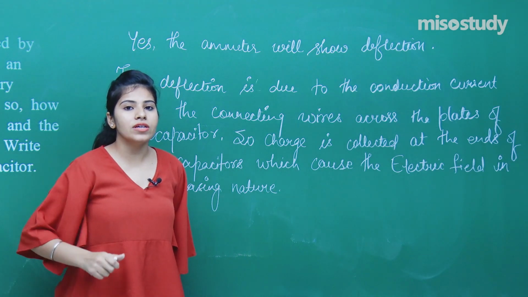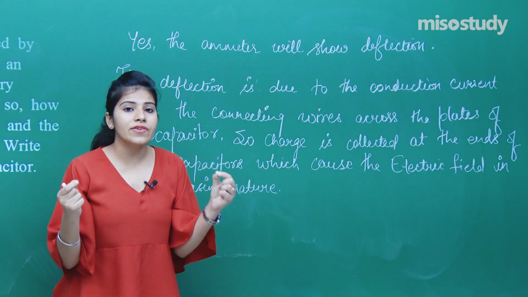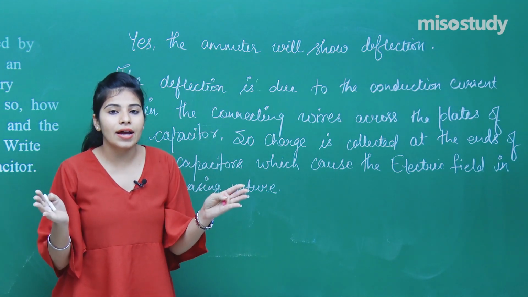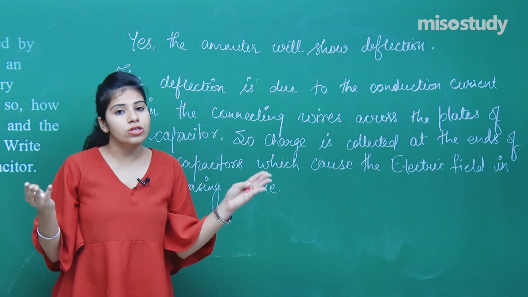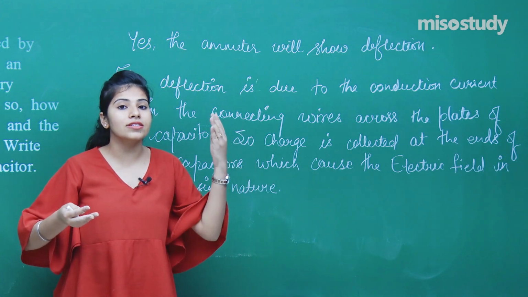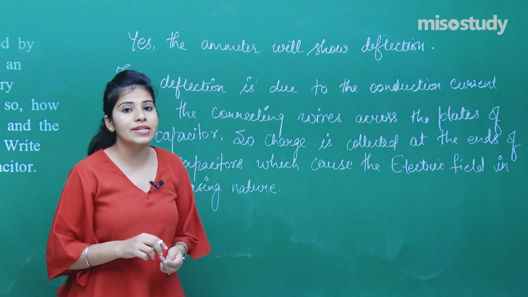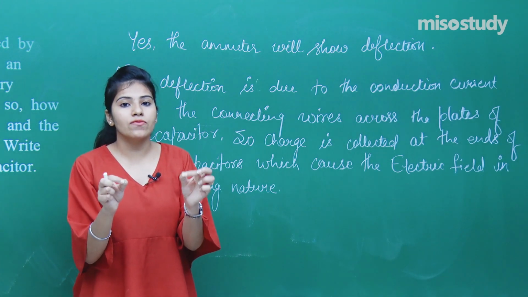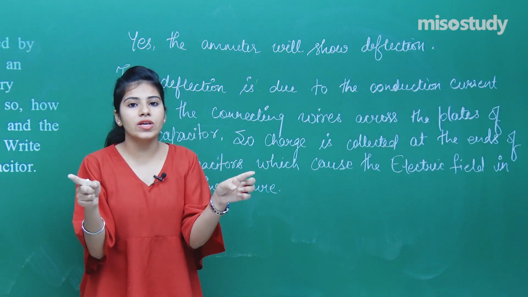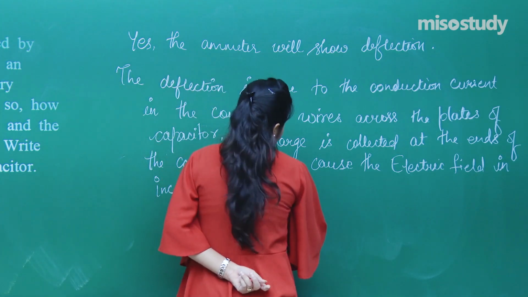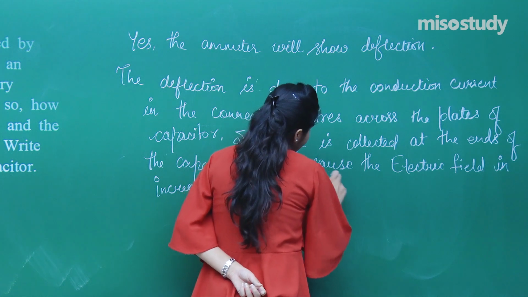And now the second reason, because the electric field is present at the sides of the capacitor. Since this is a time varying electric field, there will definitely be a displacement current within the gap of the parallel plate capacitor. So, we can directly write this time varying electric field.